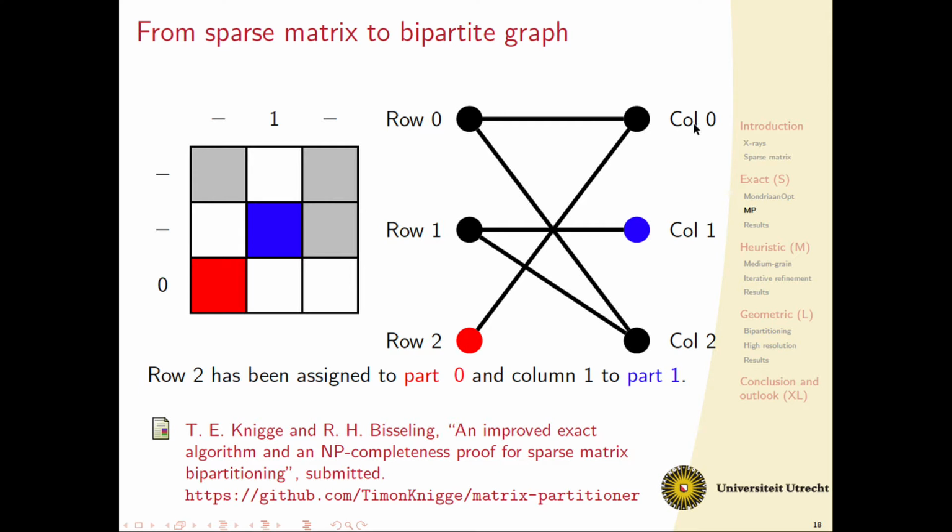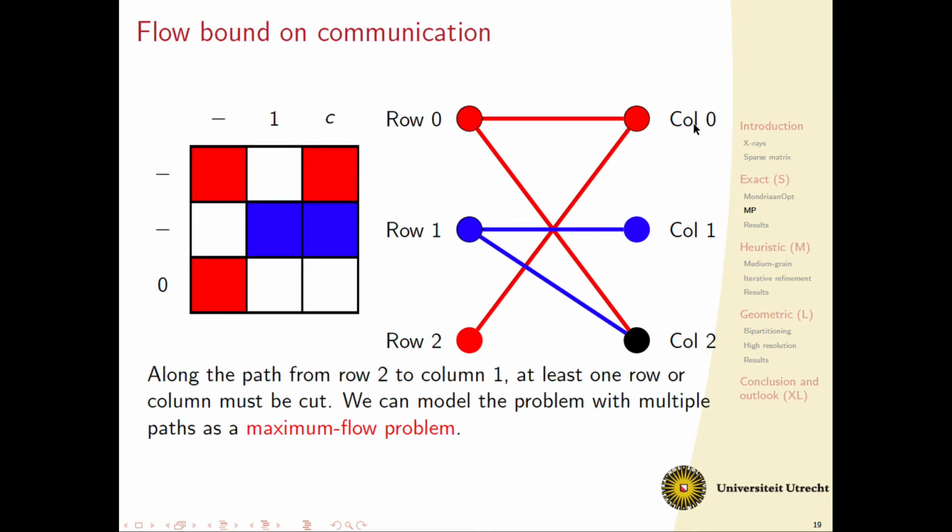So in this case, we see that we painted row 2 red, meaning that the bottom row is red. Now, if we do not want to cut anything, it means that the first column, this one, should be completely red. But then also this row should be completely red, and so on. But I could also start with the blue one. And in the graph, it means that I follow a path going from row 2 to column 0 and continuing.